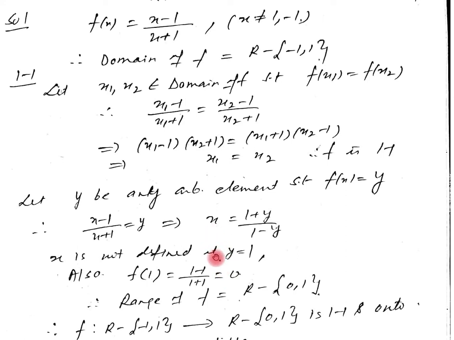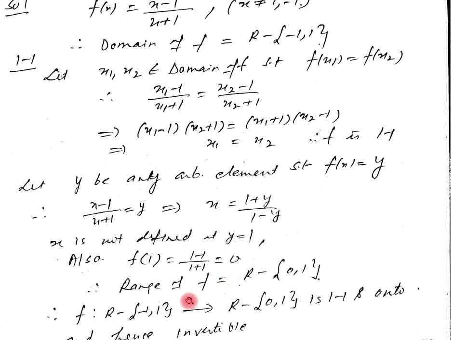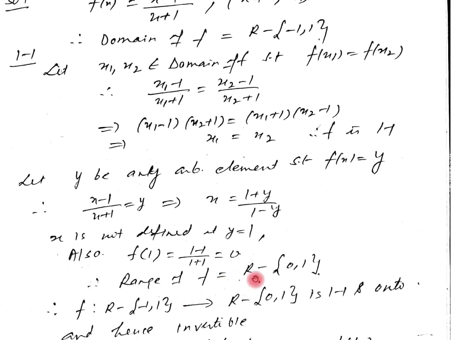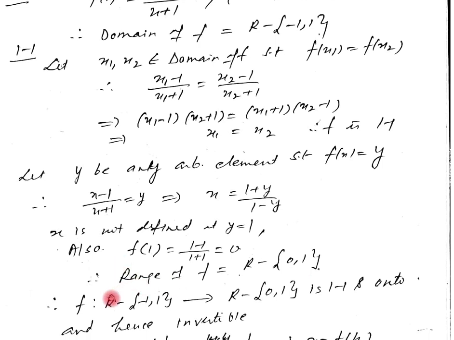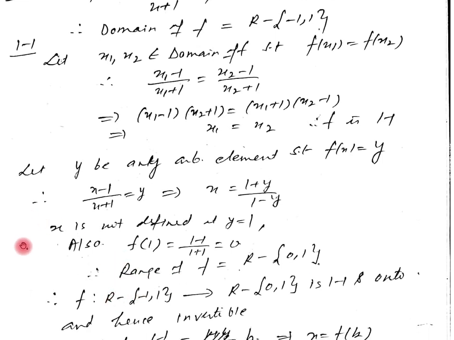It means the value of y cannot be equal to 1 and the value of y cannot be equal to 0. Therefore, the range of the function is R minus {0, 1}. Now we have to find out the inverse.